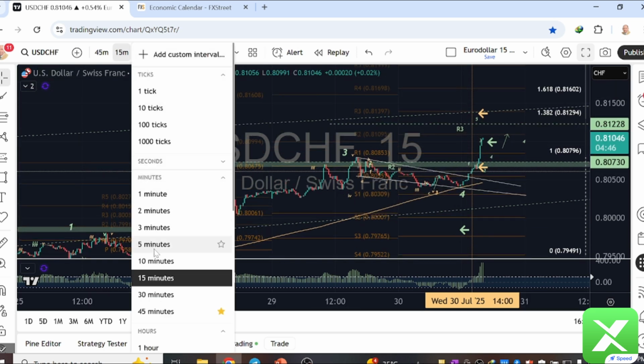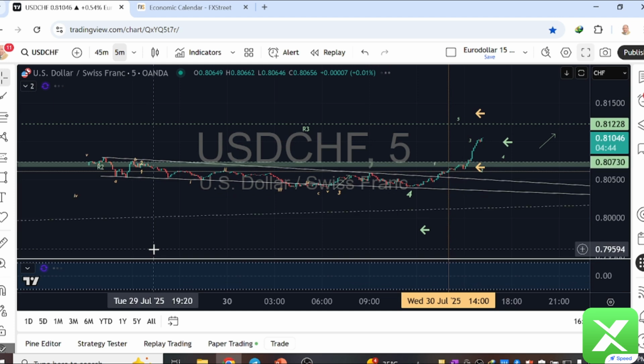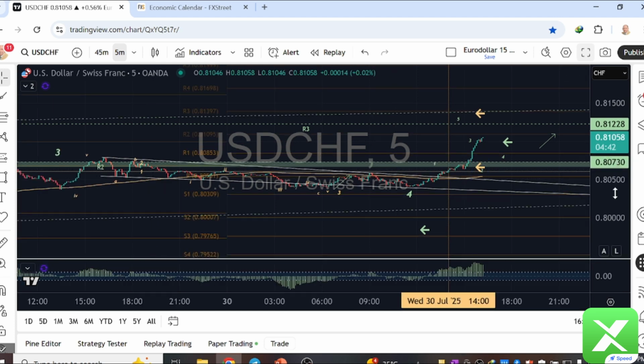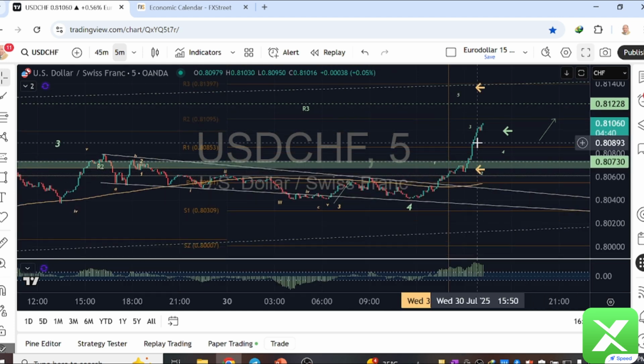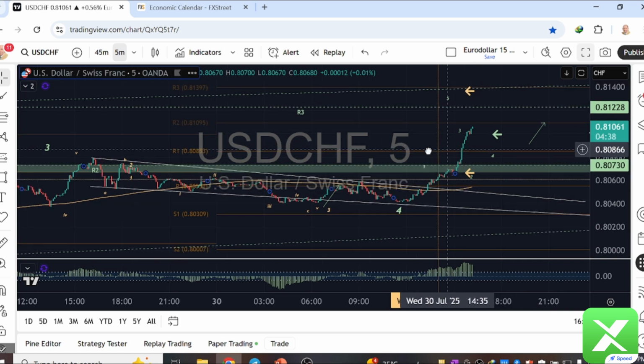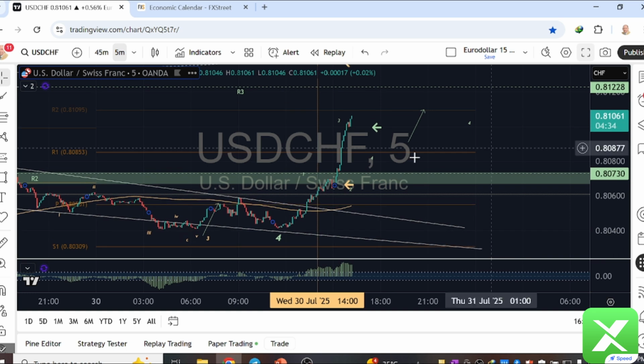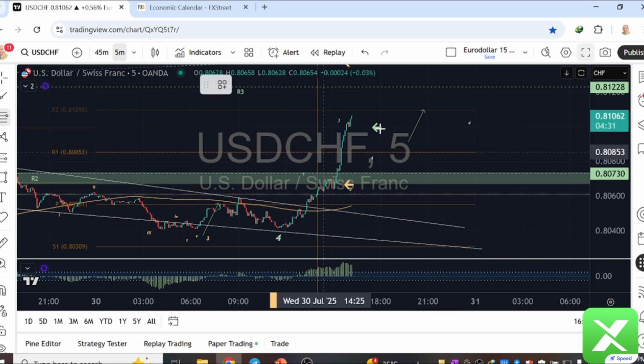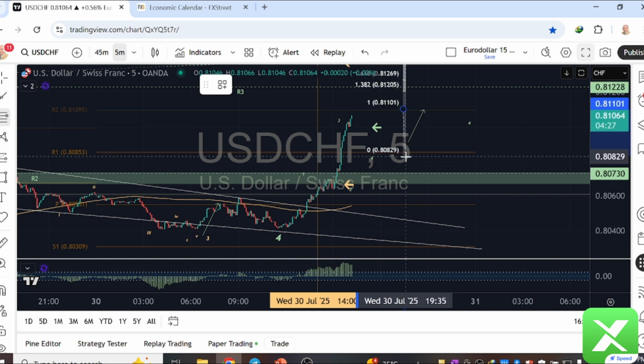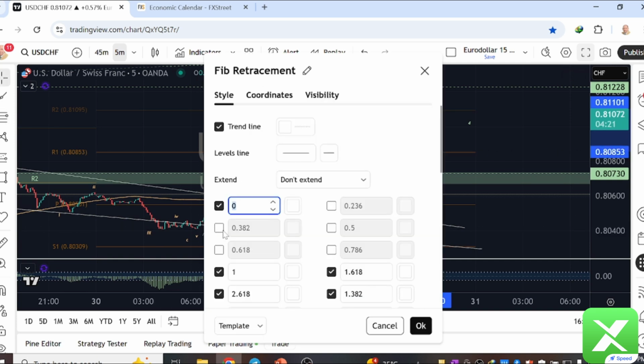All right, if you wish to trade intraday shorts, intraday longs, if you wish to trade an intraday strategy, I think we all know how to do this now, so I will just select the two internal resistances that are showing, subdivide them into internal fibs.